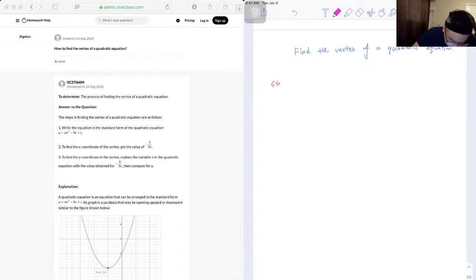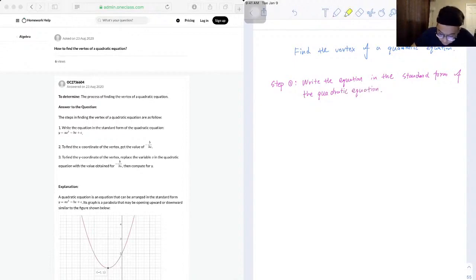So step 1, we need to write the equation in the standard form of the quadratic equation.